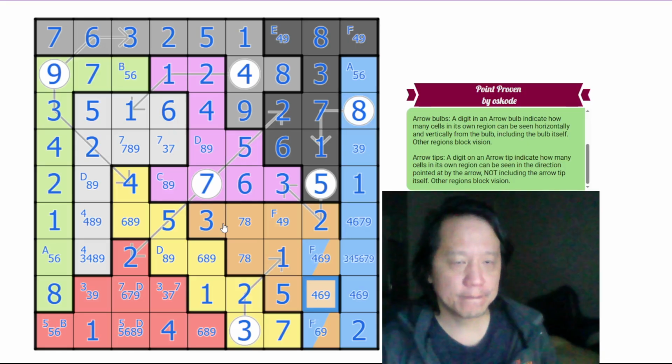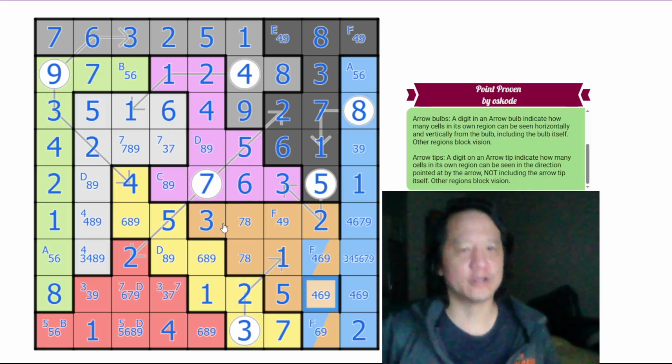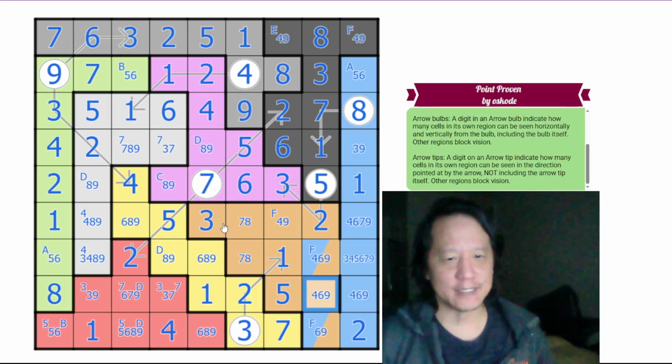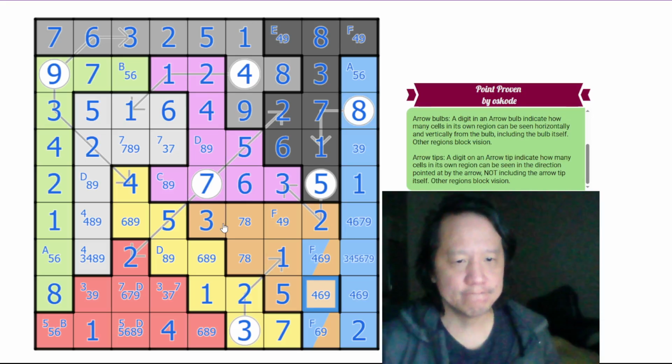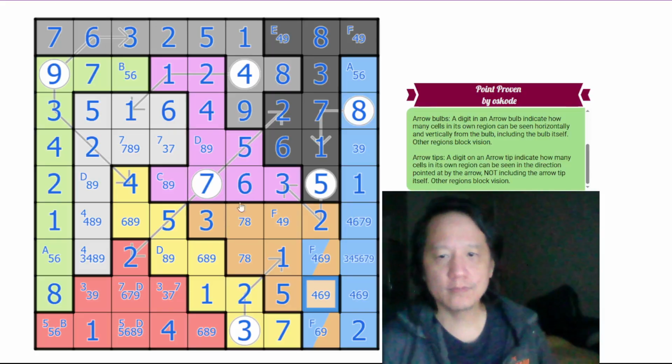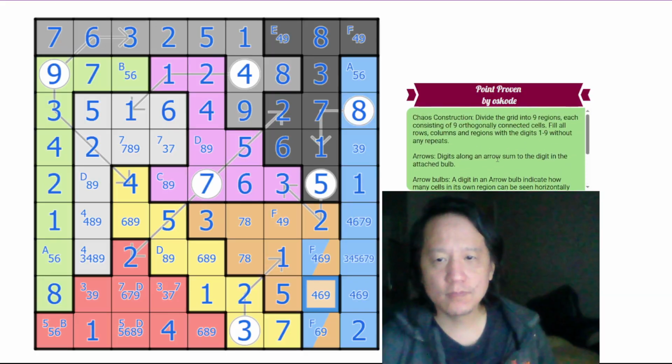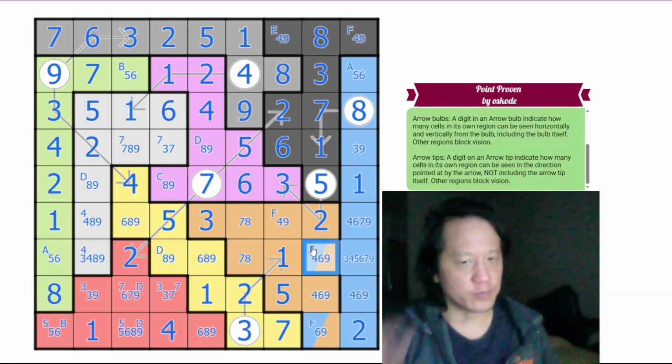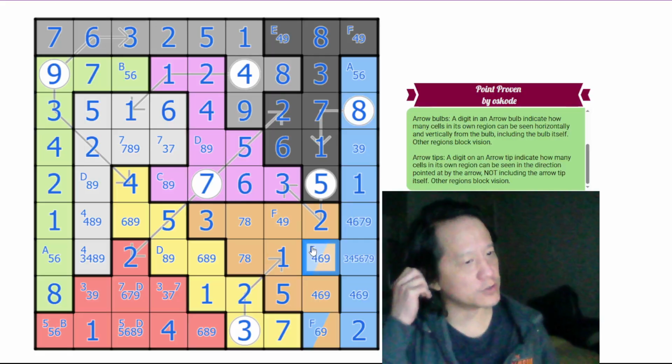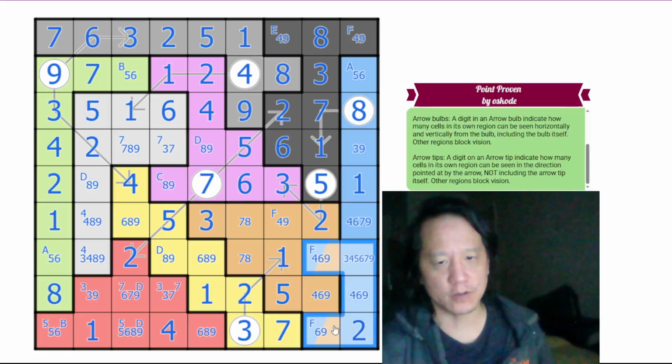Not particularly, actually. Yeah, this is just normal irregular Sudoku with a little bit of construction here.